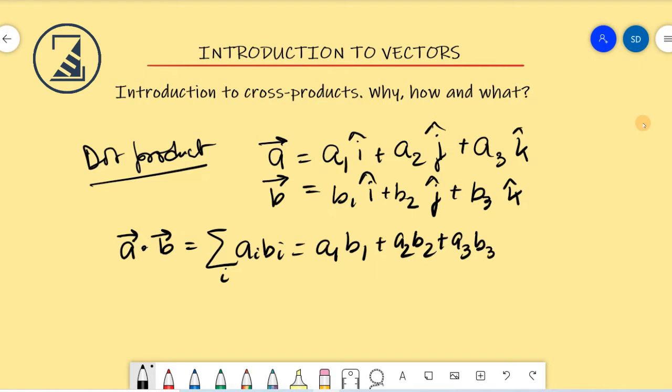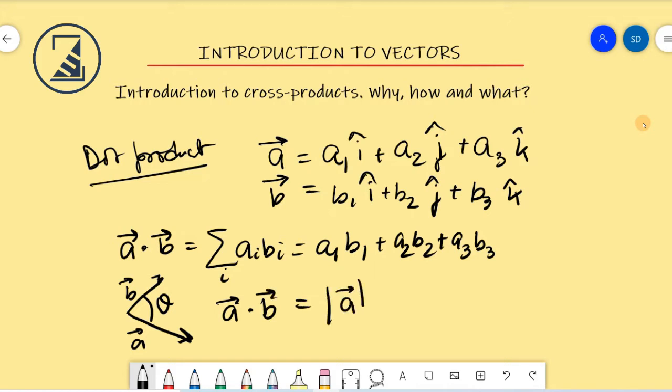Now geometrically dot product is defined in this way. Say we have two vectors, this is my a vector and this is my b vector, and they are making an angle theta with it. So a dot b is defined as magnitude of a vector, magnitude of b vector multiplied by cos theta.